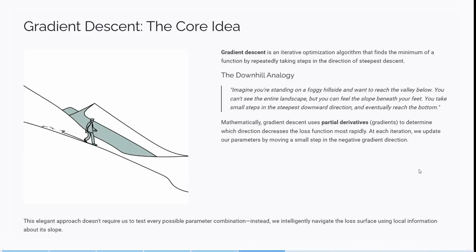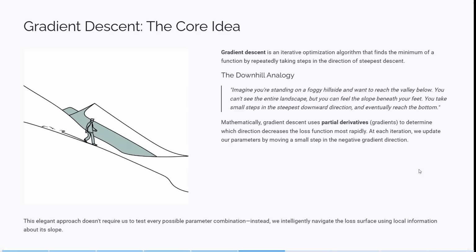Gradient descent is an iterative optimization algorithm. Think of it as you're standing on a foggy mountainside. You can't see the valley below, but you can feel which way is the steepest downhill. So you take a small step in that direction. You repeat this and eventually you reach the bottom.